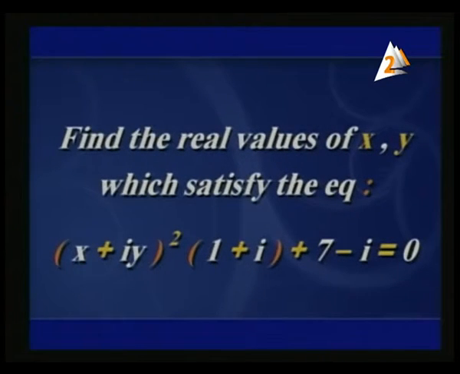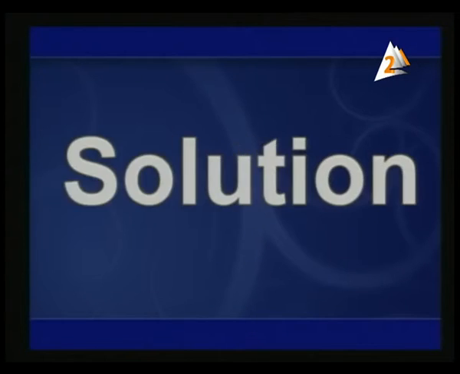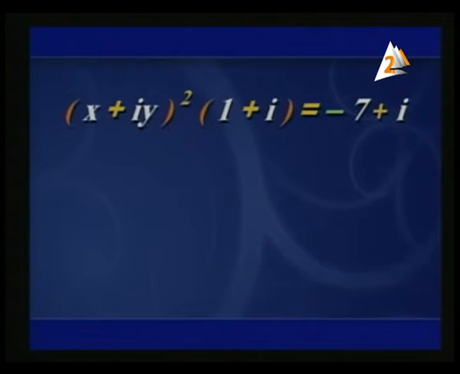Find the real values of x and y which satisfy the equation (x plus iy) all squared times (1 plus i) plus 7 minus i equals 0. Solution. (x plus iy) all squared times (1 plus i) equals negative 7 plus i.